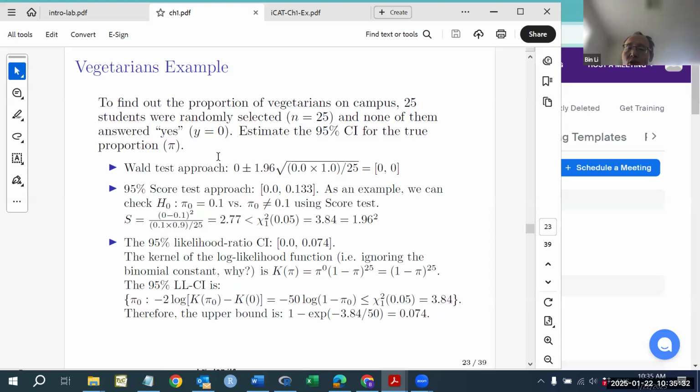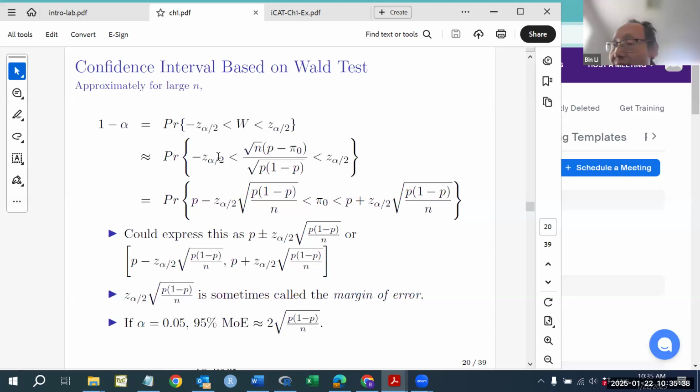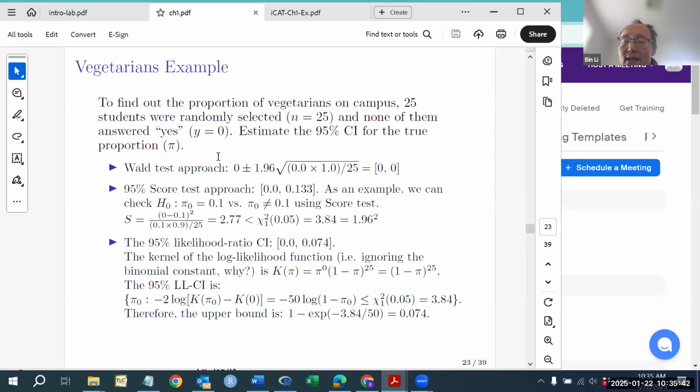You may ask why we need another example, right? We've already done the coffee blending example. Here, the idea is that we talked about three tests: the Wald test, the score test, and the likelihood ratio test. But why do we need these three? Because they have different performance in different situations.